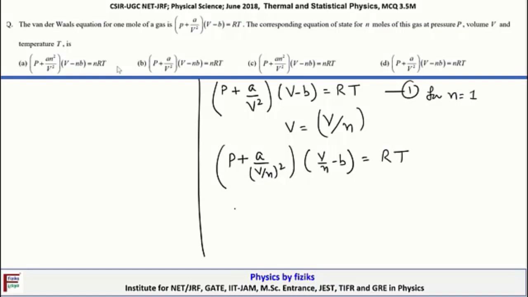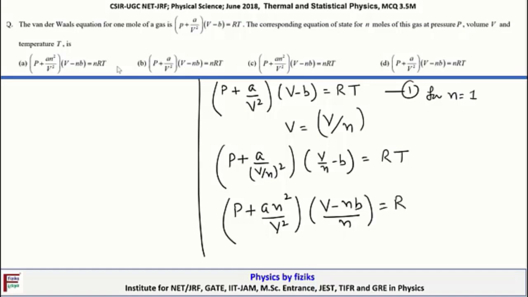After solving this, and after final rearrangements, this comes out to be (P plus a n square by V square) multiplied by (V minus nb), and that is equal to nRT.